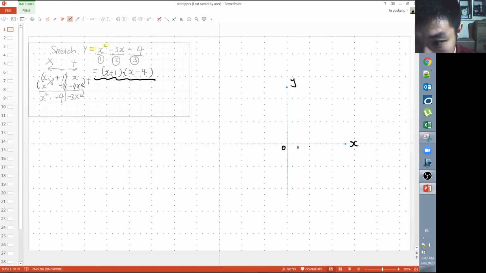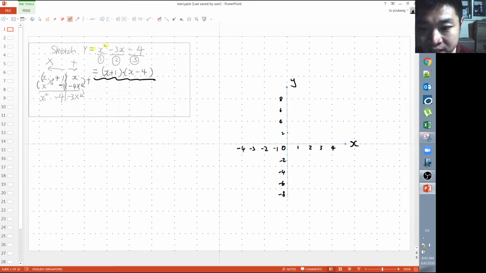So here's 1, 2, 3, 4. Over here is minus 1, minus 2, minus 3, minus 4. Here's 2, 4, 6, 8. Down the side of the y-axis is negative 2, negative 6. So over here you can see that my scale for my x-axis is 1 unit is 1 over here.